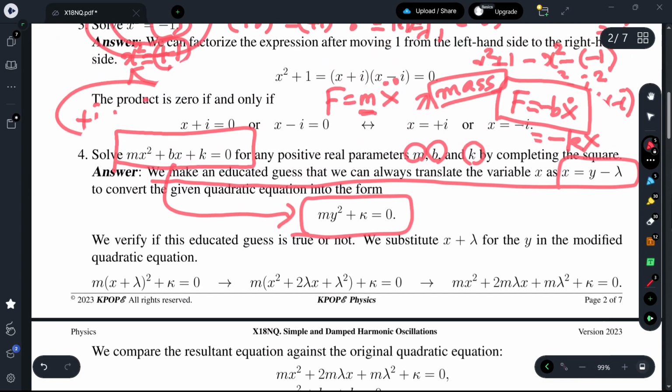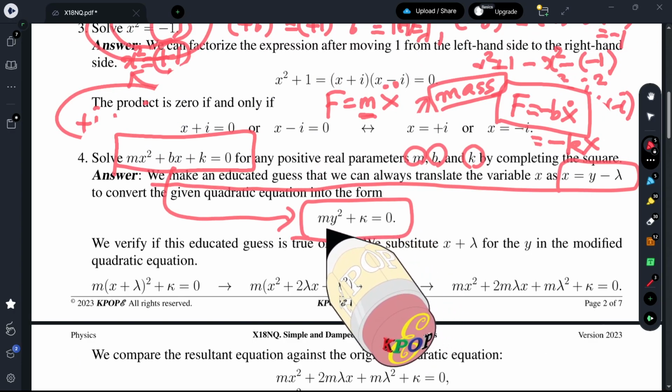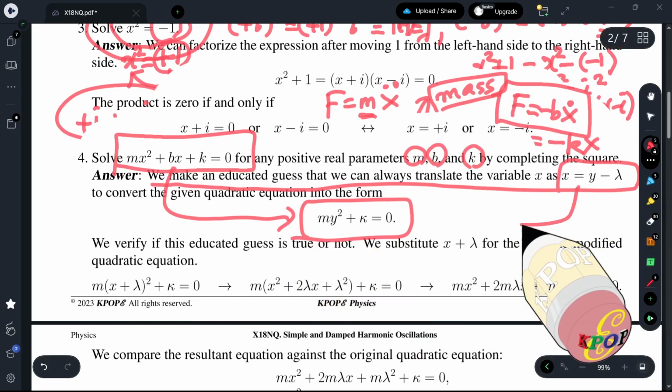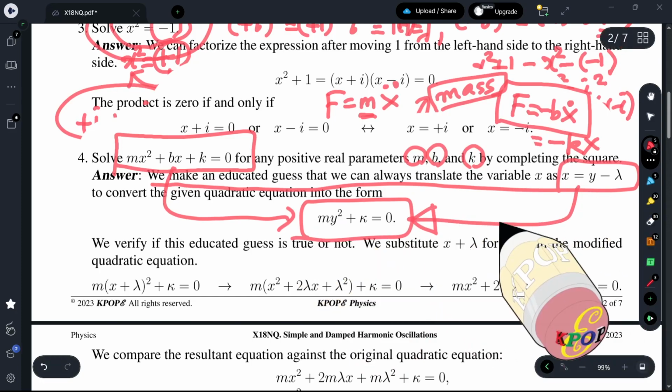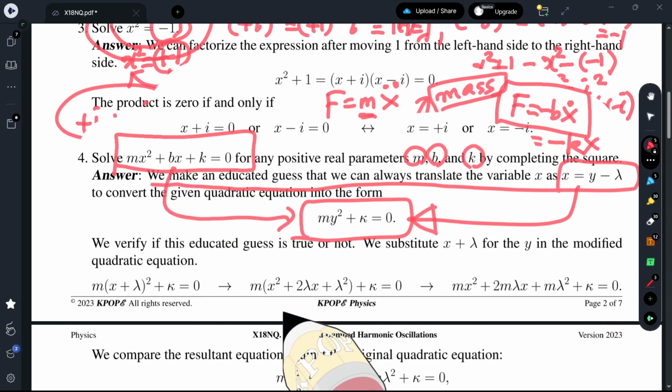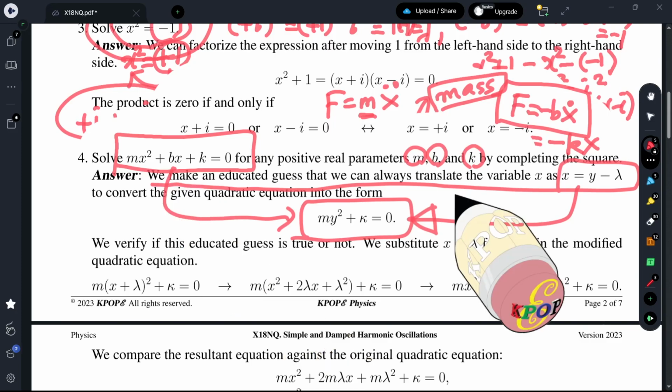Okay, so we first assume that after substitution this reproduces the original quadratic equation. If it is not the case, then we have to find another way, but eventually we will find that it works.